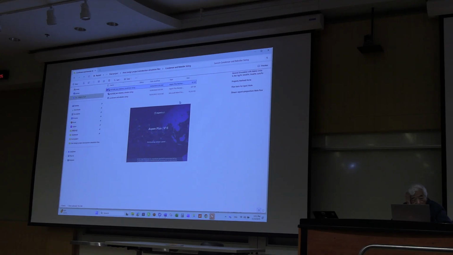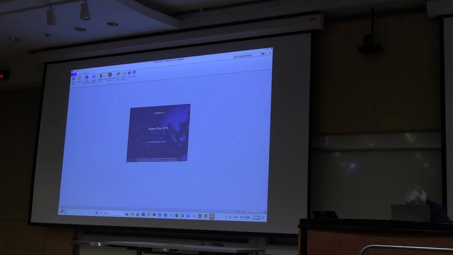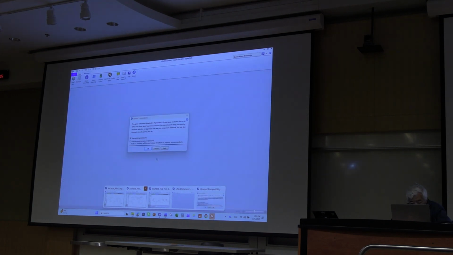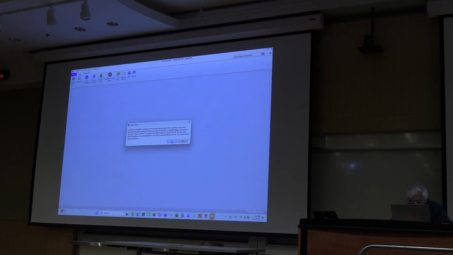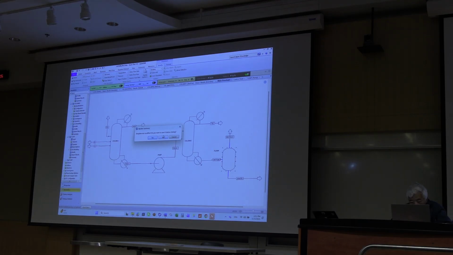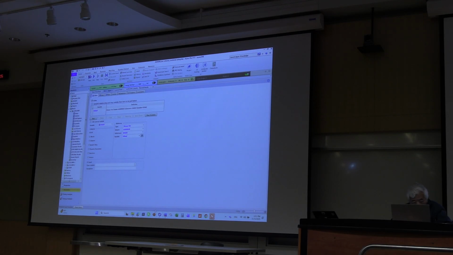Taking so long. I need to close the other files. Oh, it's coming. Okay, this is condenser sizing.